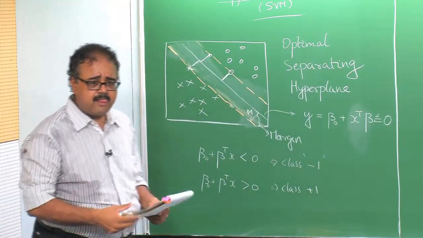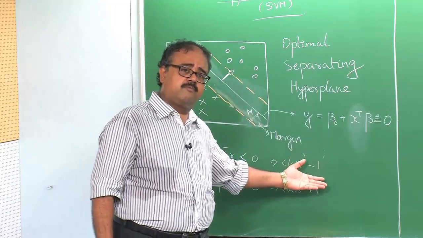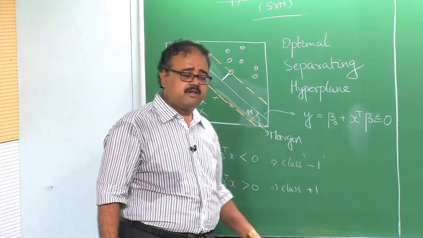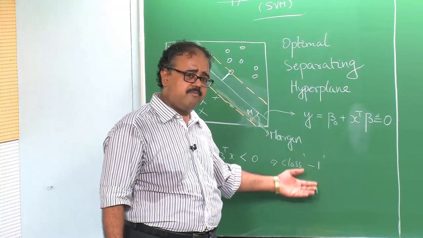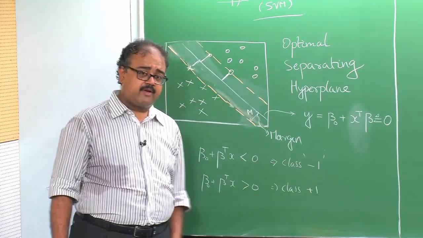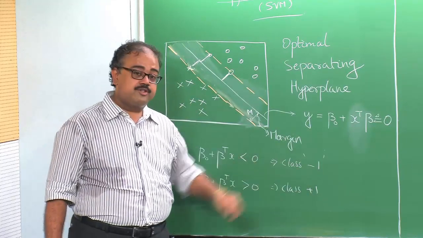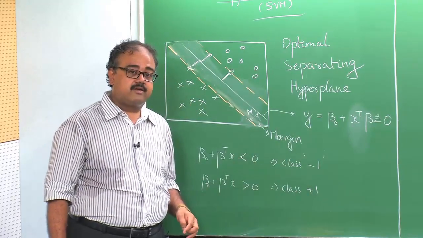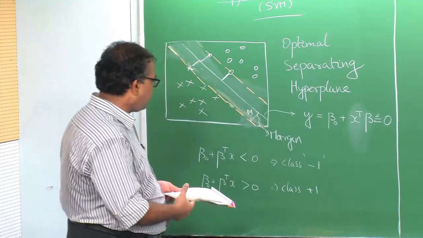So, remember that. We will be using some kind of encoding for the class. The class could be does not buy a computer or buys a computer, is sick, is healthy. The classes could mean many different things, but numerically we are going to be assigning some encoding for the class, and in this case I choose to use minus 1 and plus 1 as the encoding. There is a reason for that, as we will see shortly.